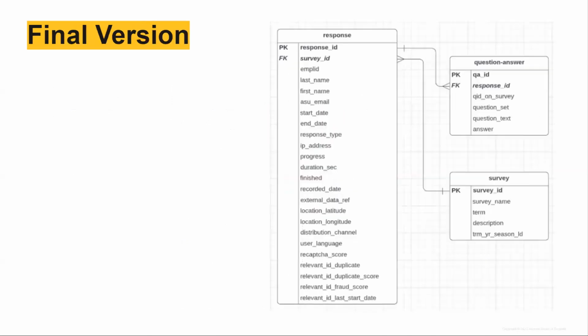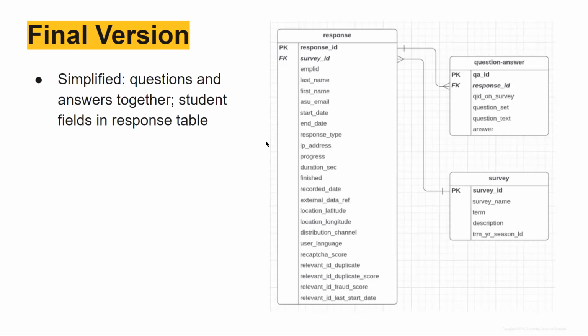So after a few more iterations, this is our final database diagram to describe the database that we ended up setting up. The way that we made this a little simpler is we grouped the questions and answers together in one table here. And then we decided that student was more like an attribute, and we put the student information in the response table here.